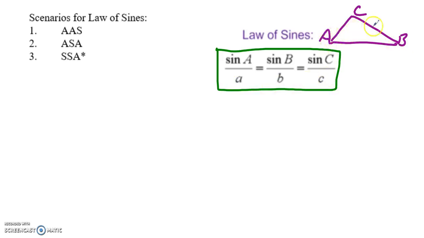The side across from angle A is lowercase a, the side across from capital B is lowercase b, and the side across from capital C is lowercase c.